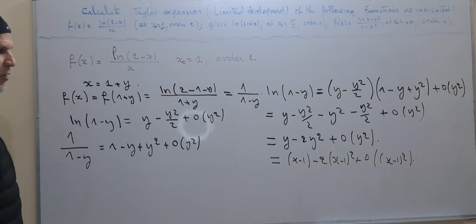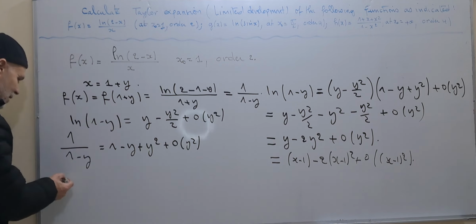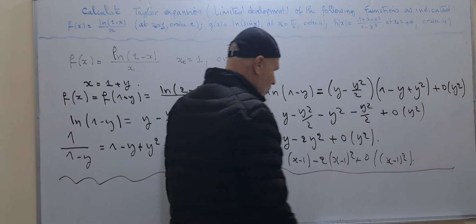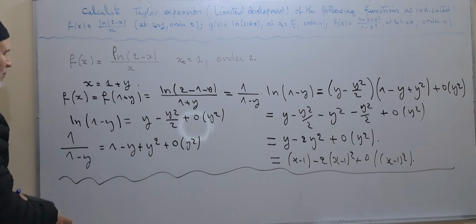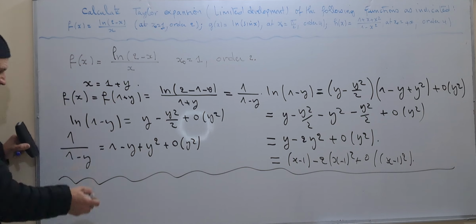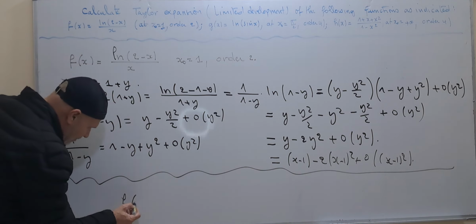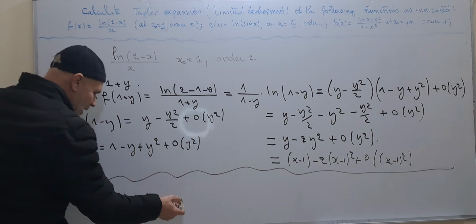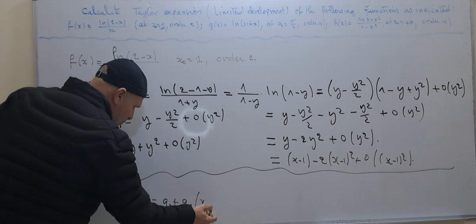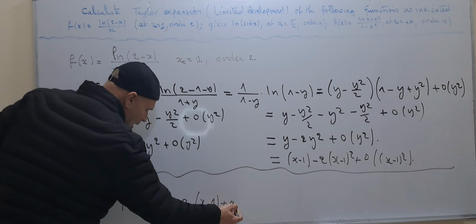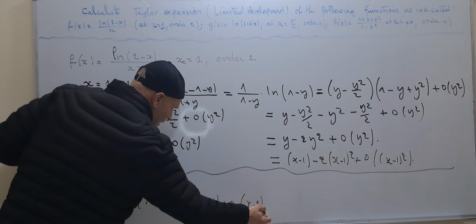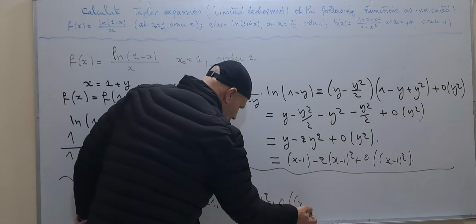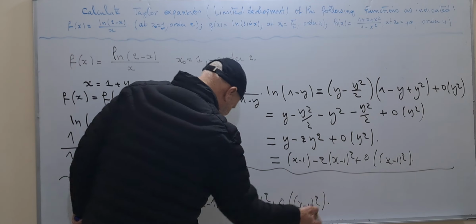We can also propose another method, which can be a little bit long but elementary. f of x is equal to a0 plus a1 (x minus 1) plus a2 (x minus 1) square plus o of (x minus 1) square.